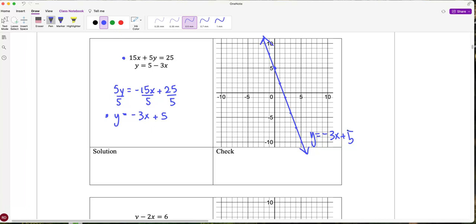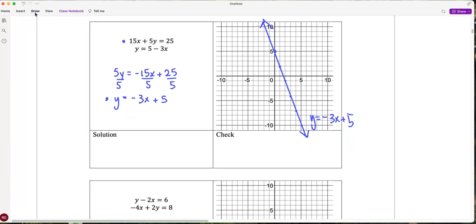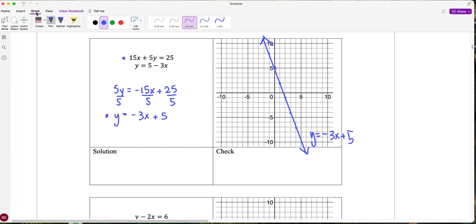The next one is y equals, if you look at it, that's the same thing, right? This next line is y equals negative 3x plus 5. So it is the same line.